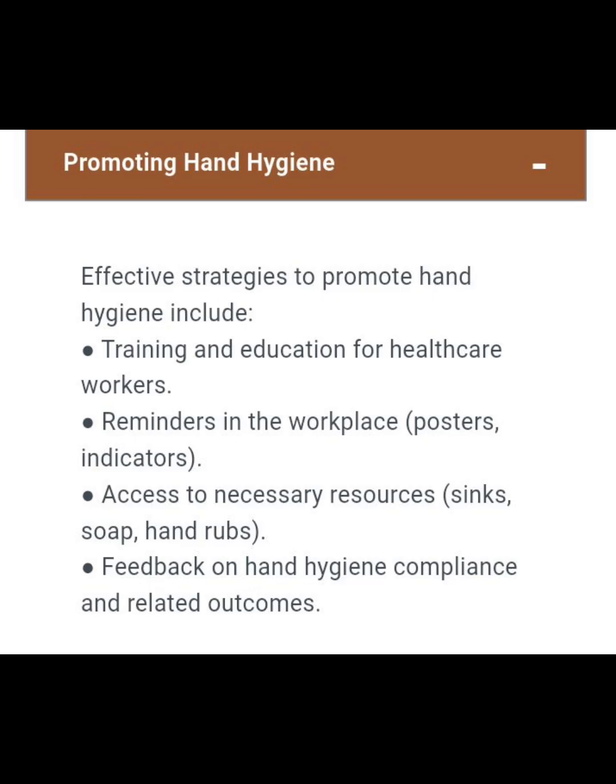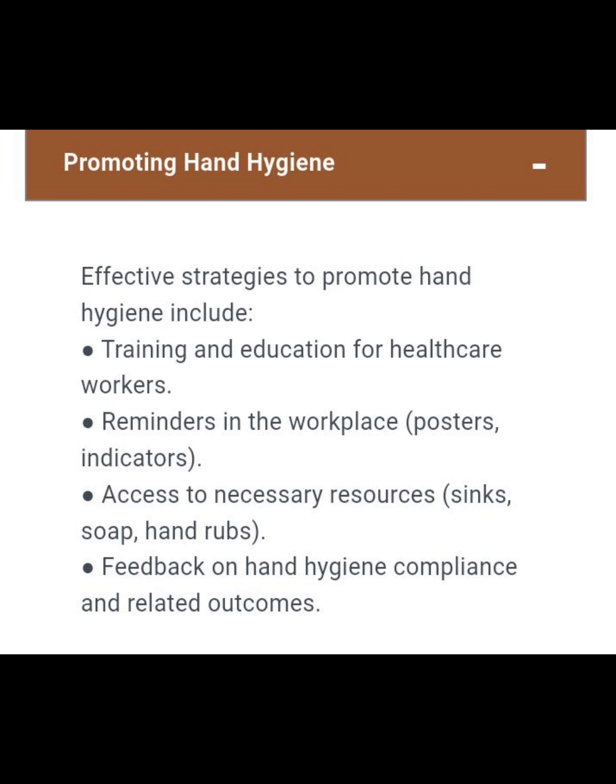3. Access to necessary resources like sink, soap, and hand rubs. These should be made available at the nearest places for all workers so that they don't have any excuse as to why they could not wash their hands. 4. Feedback on hand hygiene compliance and related outcomes.